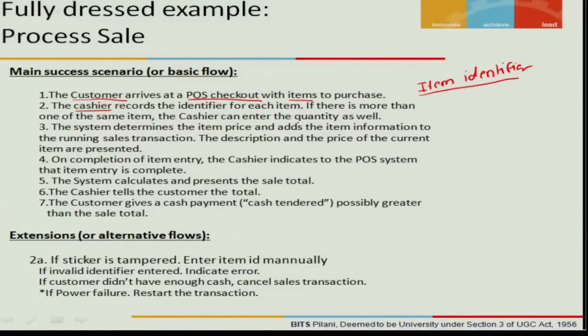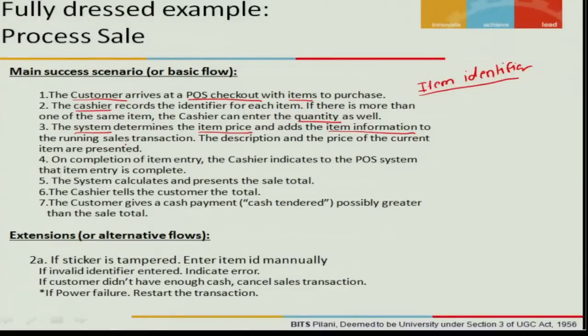Then quantity, again a noun. We are just finding nouns. Then system. System is a very broad noun; you can take it blindly, no problem, but down the line it will get removed. Item price, item information, and sale transaction.